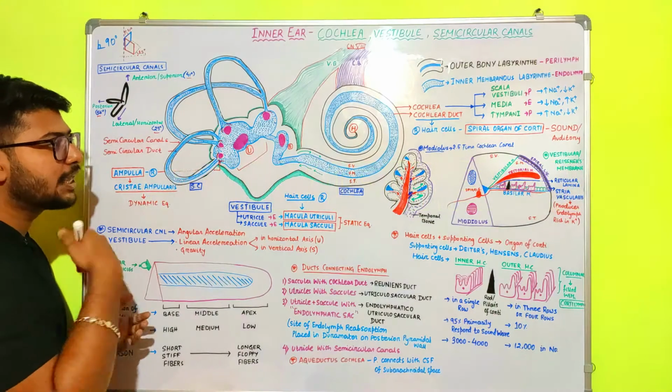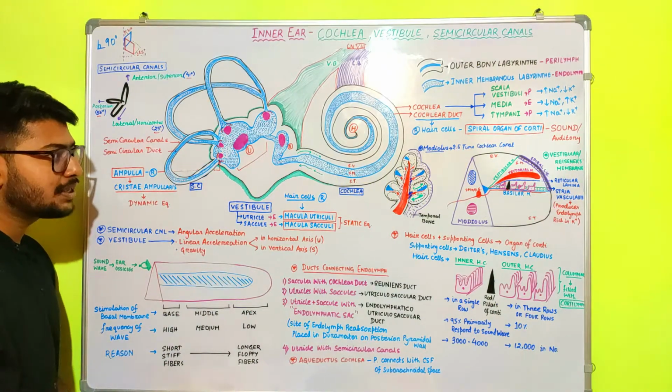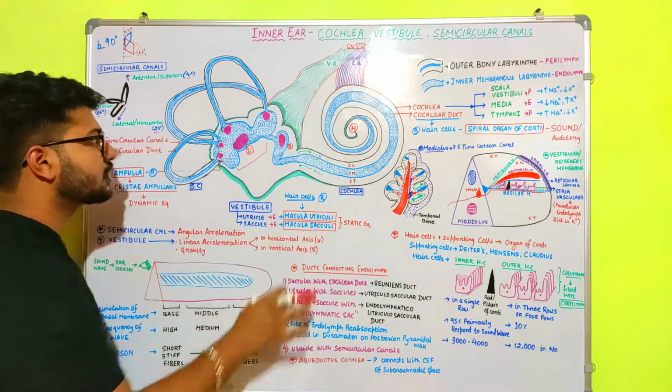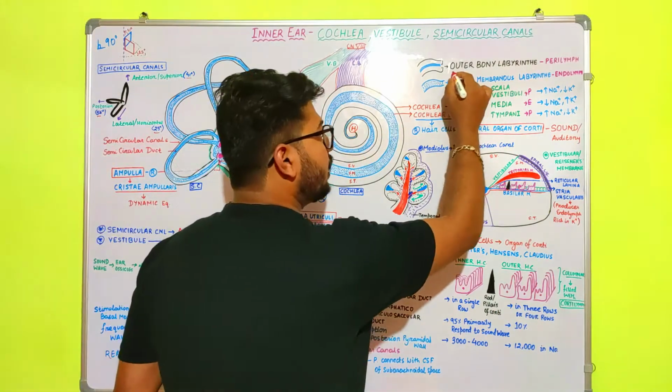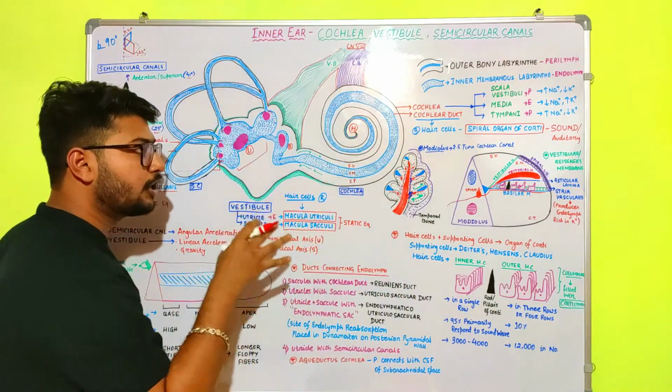Now moving towards the histology and cytology section of this inner ear, the black line that you can see in this whole structure represents the outer bony labyrinth.